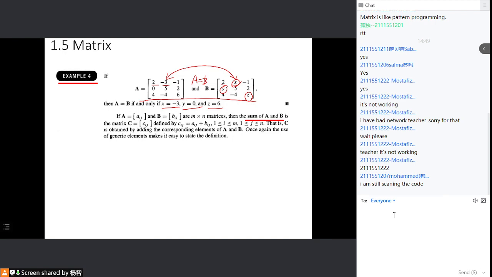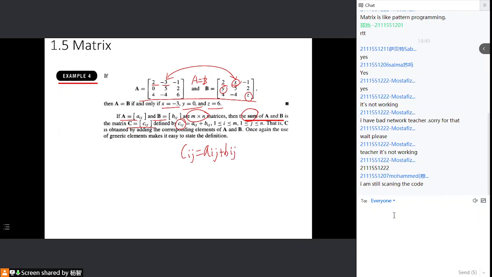Okay, we can also sum two matrices. If the matrices A and B are of the same shape, m by n, then the sum of A and B is the matrix C, and every element of C, Cij, is equal to Aij plus Bij.